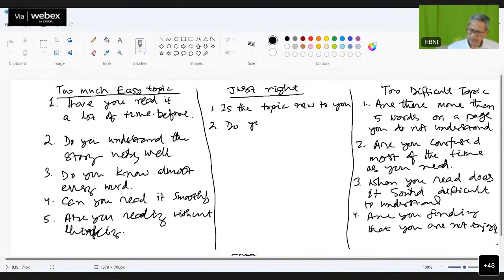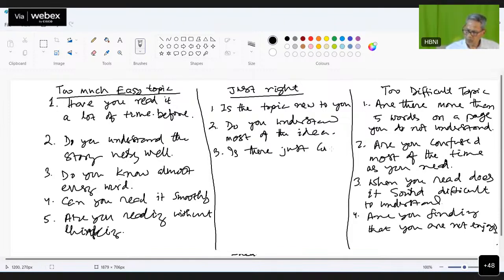Two, do you understand most of the ideas? Three, is there just a couple of words on each page that you are not understanding?